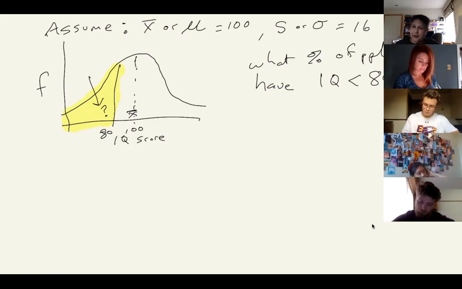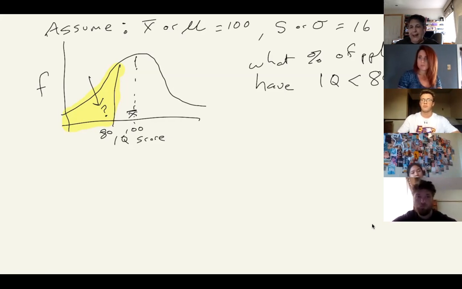So that's a percentage of people because it's frequency below a certain score. Frequency below a certain score is written in percentages or percentiles, either way. So we know that what we need is that area.